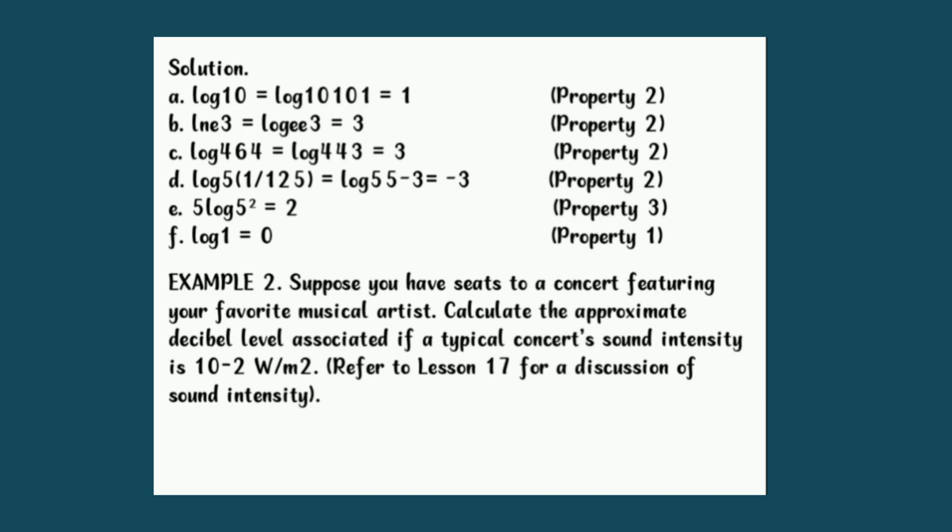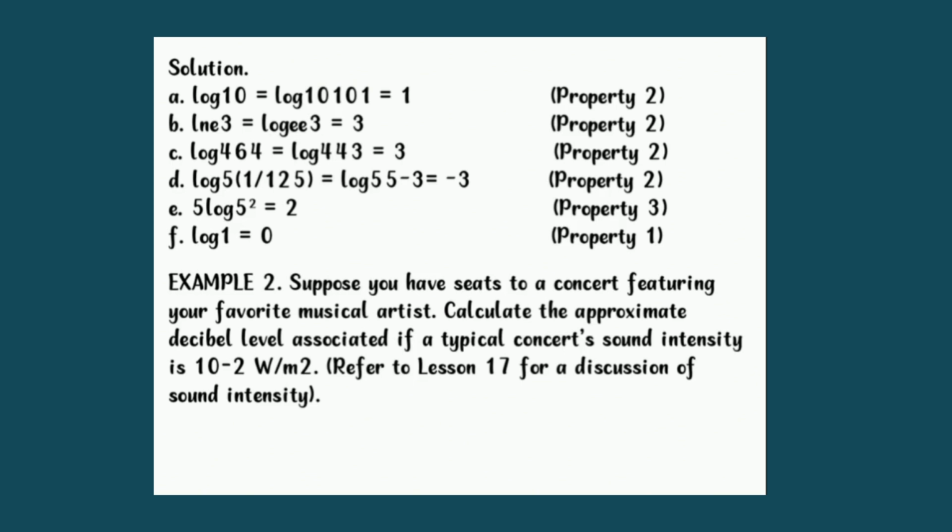And then for letter D, log base 5 of 1 over 125 equals log base 5 of 5 raised to the power of negative 3, which equals negative 3, which is property 2 also.